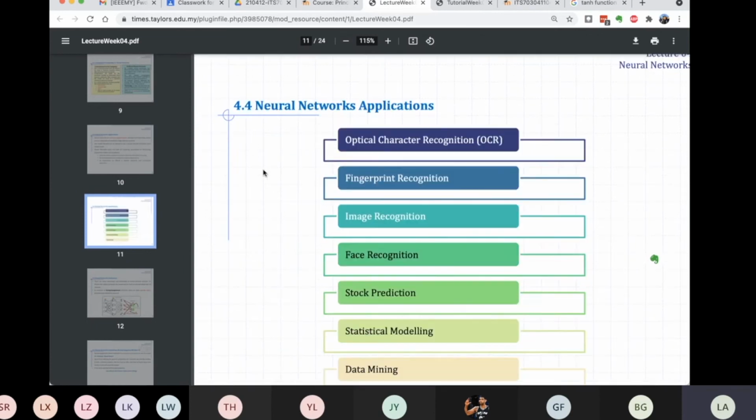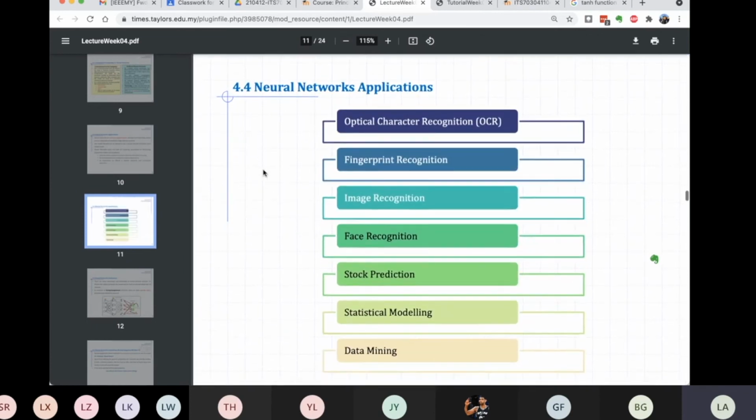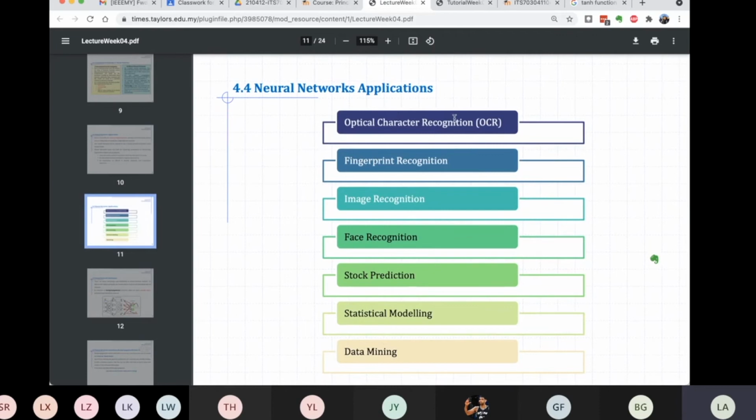These are some of the applications. We can use neural networks for optical character recognition, fingerprint recognition, image recognition, face recognition, stock prediction, statistical modeling, and data mining. If you look at the first four, OCR, fingerprint, image, and face recognition, these four actually all refer to image processing.